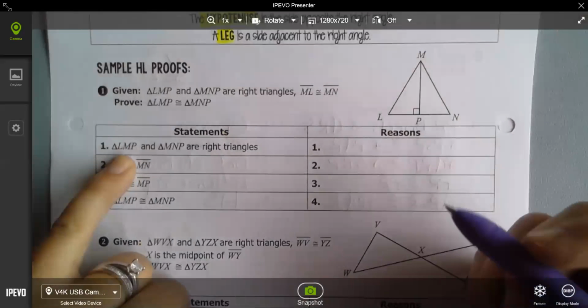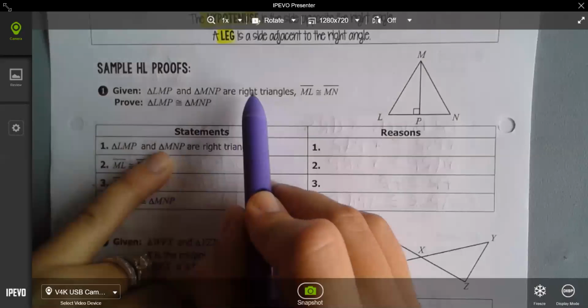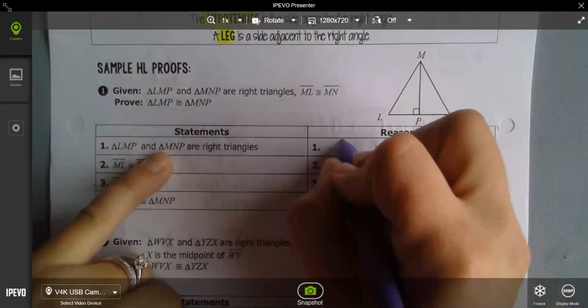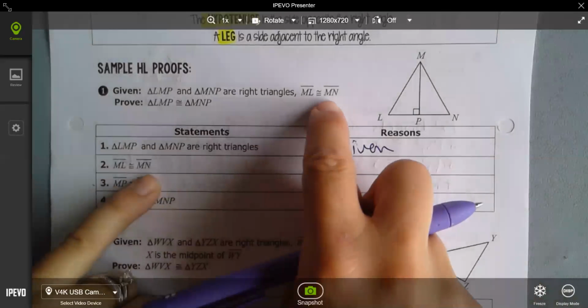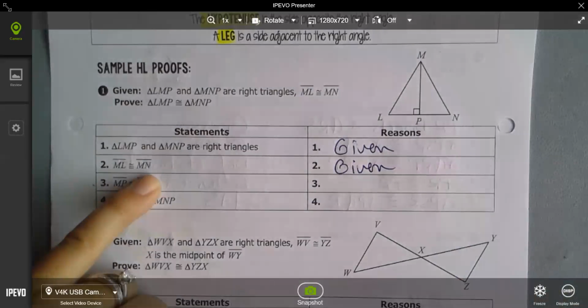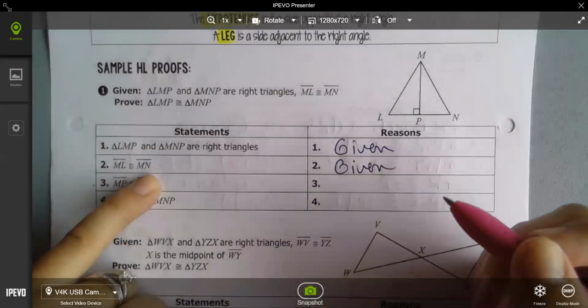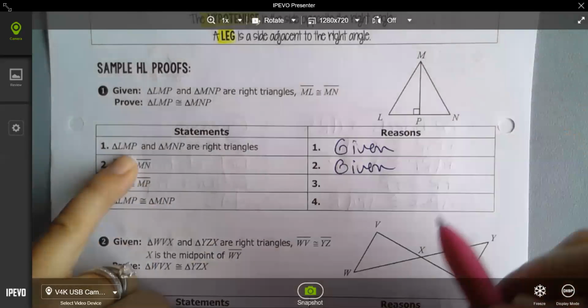Okay, so triangle LMP and triangle MNP are right triangles, given. LM is congruent to MN, given. And now we label. LMP is a right triangle, they have it marked.